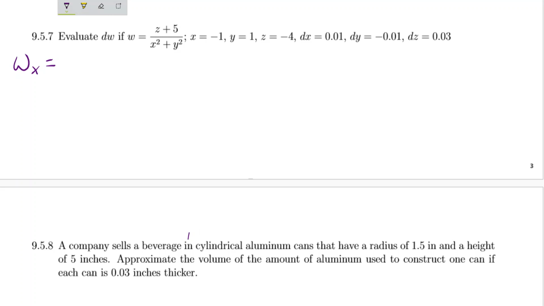So, low d high, so I'm going to do the derivative of the upper part with respect to x, which is just going to be 0 because there's no x's in z plus 5, minus high, which is z plus 5, times the derivative of the low, which will give me a 2x. Draw the line and square the low.